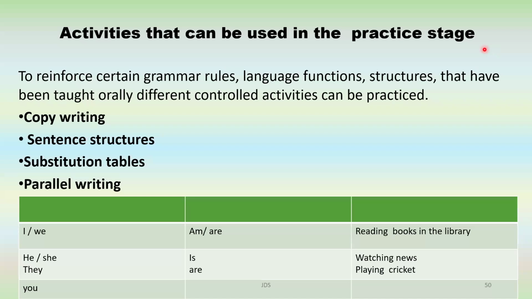Whatever the task that we are giving during the practice stage, remember to give controlled and semi, or maybe just controlled tasks. If they are really good, excellent children, then you can give 2 semi-controlled. But mostly the general practice is that controlled activities should be practiced.